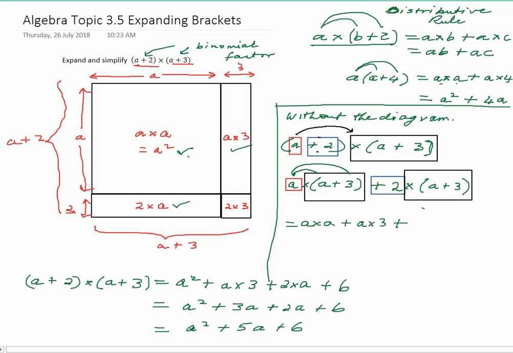So that was this term and those parts on our diagram. And then we've got plus 2, so we go 2 times A plus 2 times 3. And we end up with A squared plus 3A plus 2A plus 6.